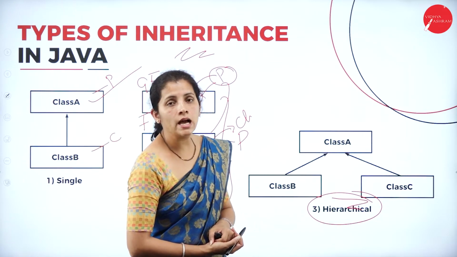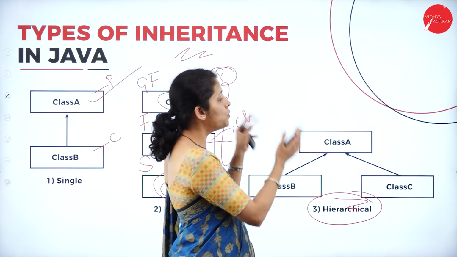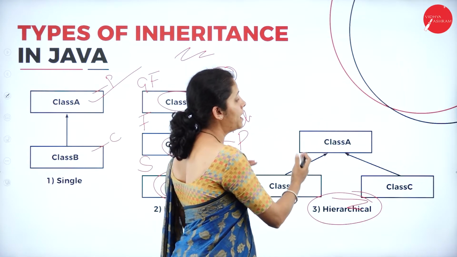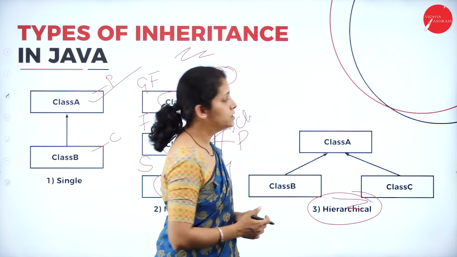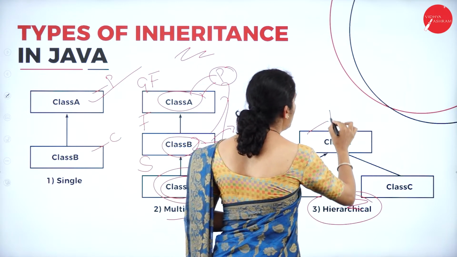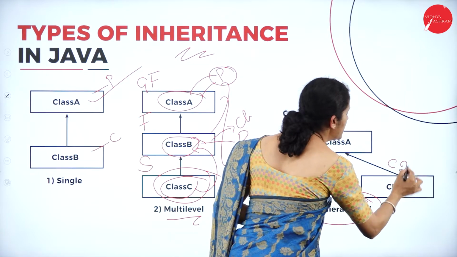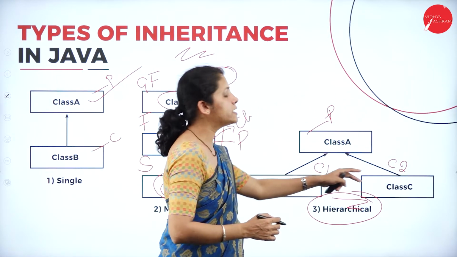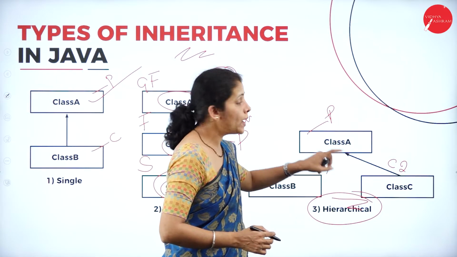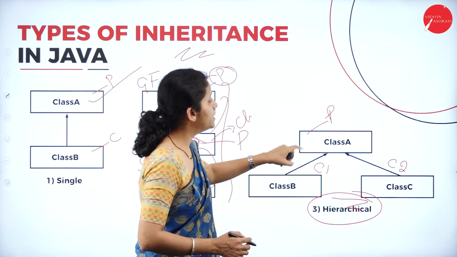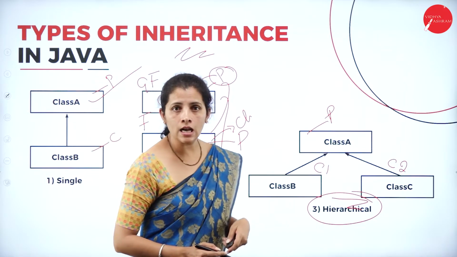And I have hierarchical. So what is hierarchical? I have only one parent, and for one parent I have 2 children. So this is my parent class, and this is child 1 and this is child 2. Both the children are capable of acquiring all the properties as well as features of the parent class.